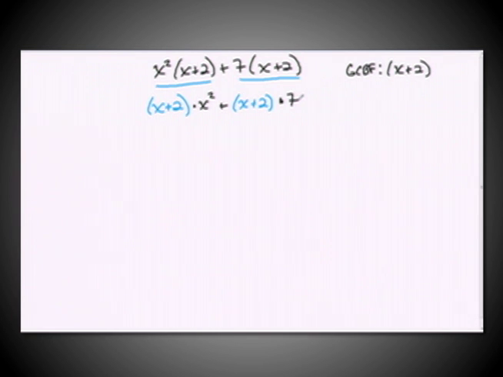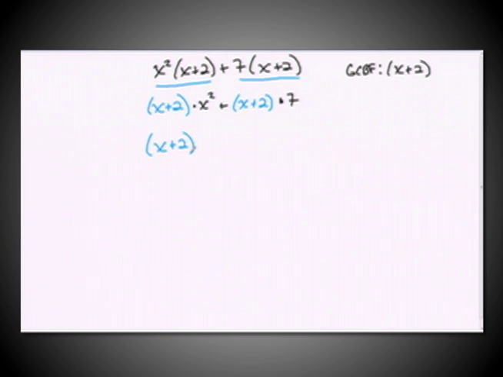The third step is to factor out the GCBF, or reverse distribute it. So we bring the GCBF out front, and reverse distributing is simply dividing that factor out of both terms.